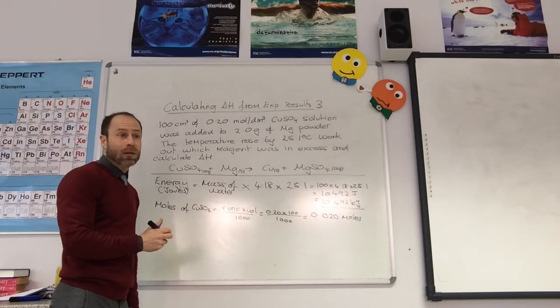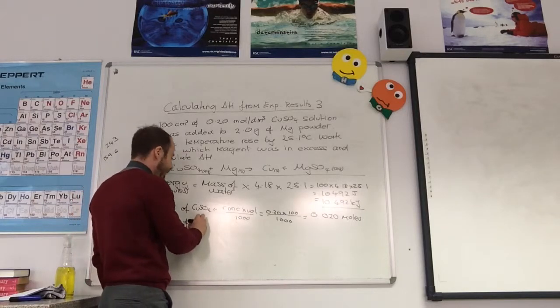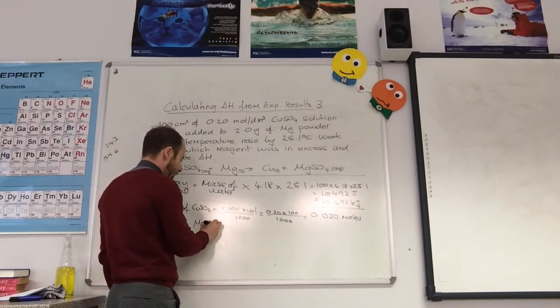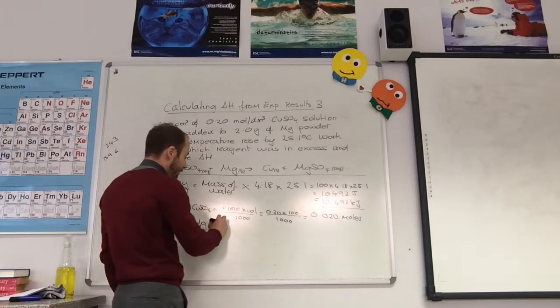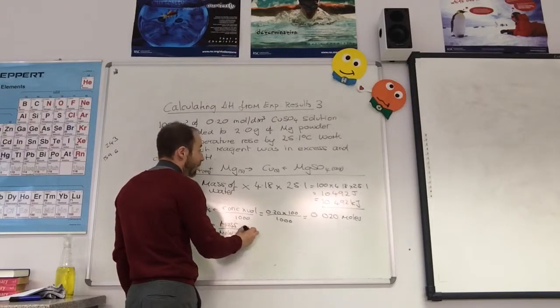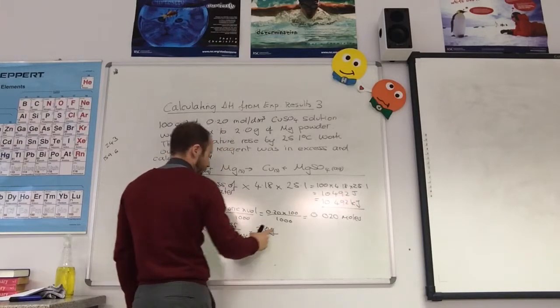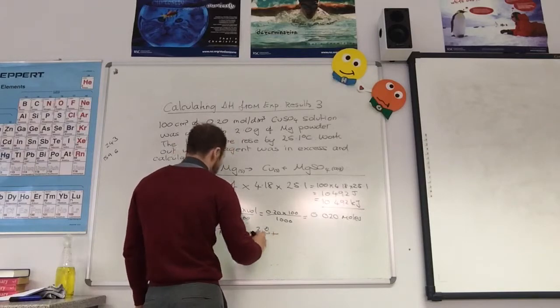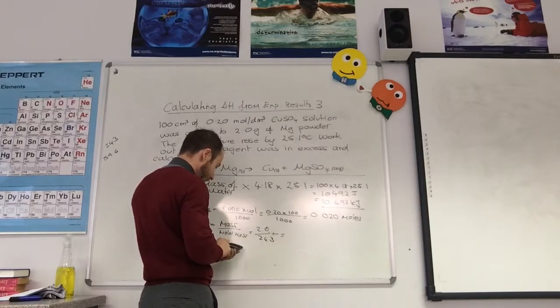Happy with that? Moles of magnesium is going to be mass over molar mass, which is 2.0 grams, 2.0 divided by 24.3.